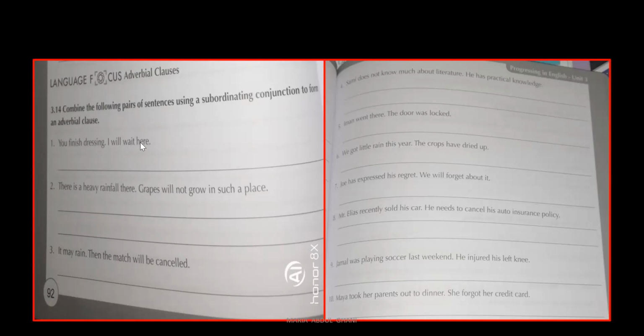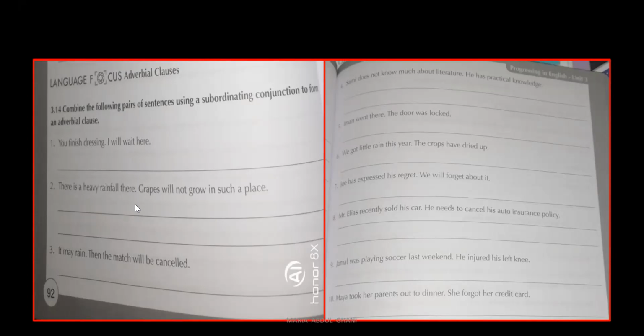You can put this one before this one. Did you get the answer? Until. Yes. What do you say in Arabic? In English, what is it? I will wait here until you finish dressing. Very good.